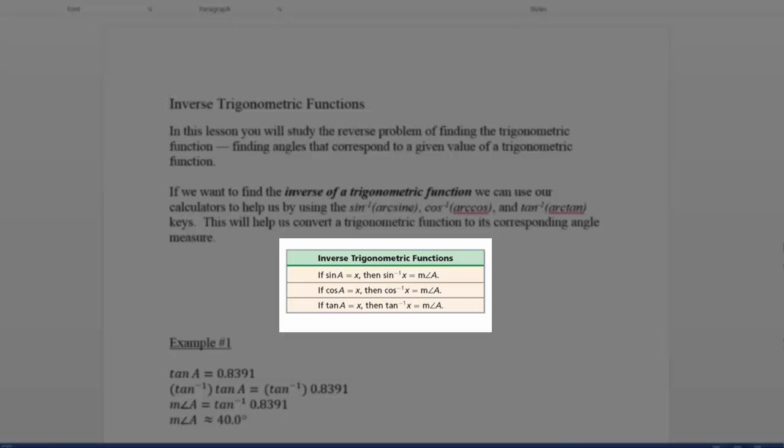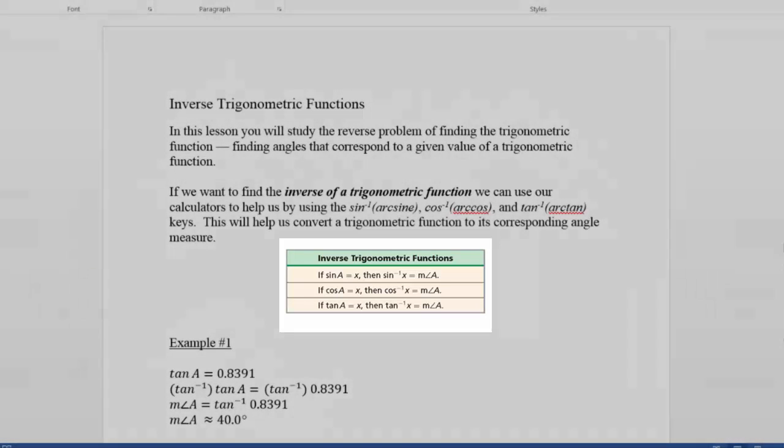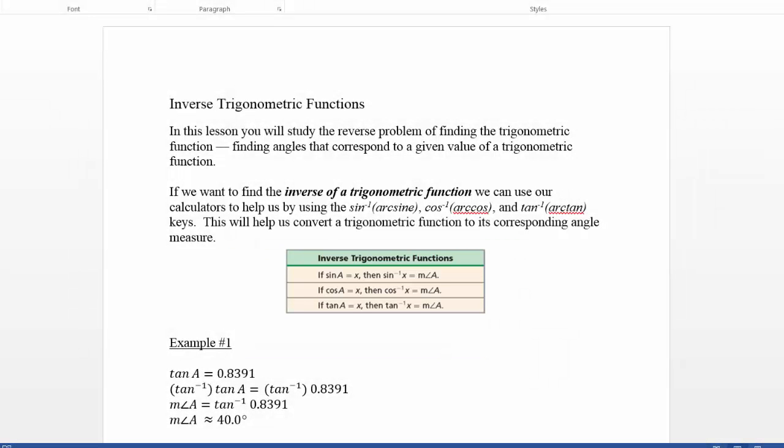Generally speaking, we informally refer to them as the inverse of sine or the inverse of cosine. From a technical standpoint, you may hear teachers or textbooks refer to these inverse functions as the arc sine, the arc cosine, or the arc tangent. So just be aware that that's just referring to inverse functions of trigonometric functions.